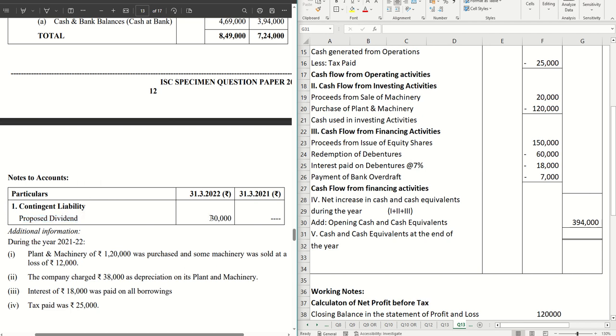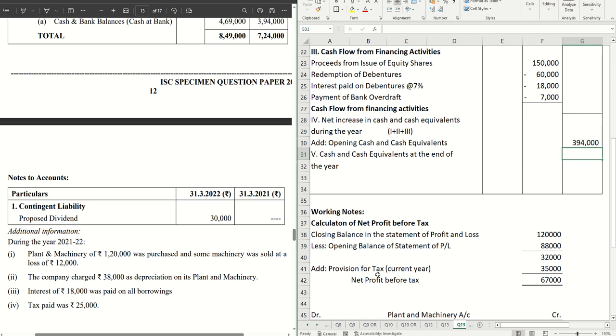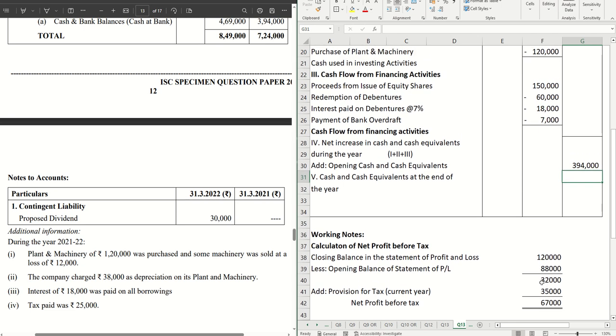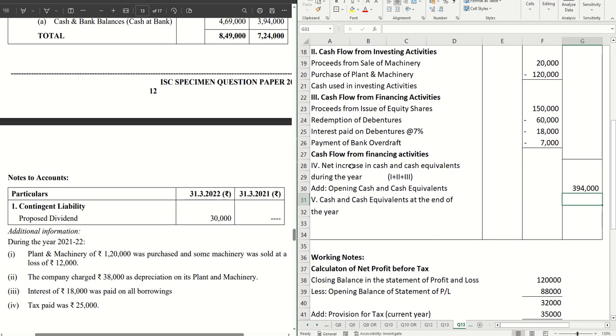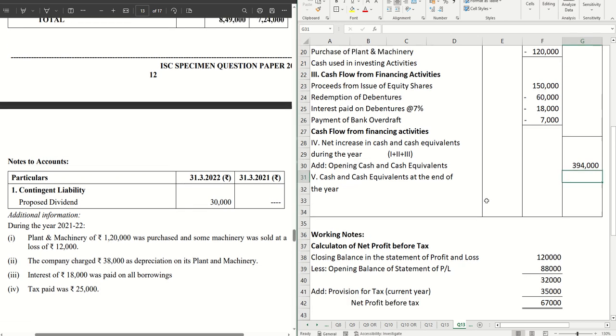We have been given proposed dividend for the current year, but as per the rule, the proposed dividend for the previous year becomes the dividend paid for the current year, and that same amount is used in the NBT calculation. Now, since we don't have any of them, that's why we don't have any proposed dividend here in NBT calculation, and neither do we have dividend paid in the financing activities. All right. So we have taken into consideration all of these items.